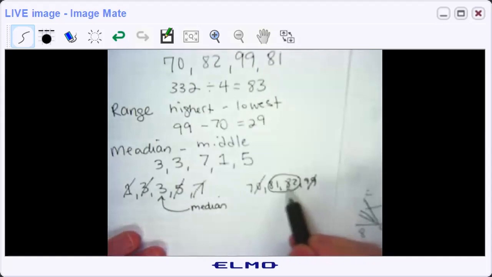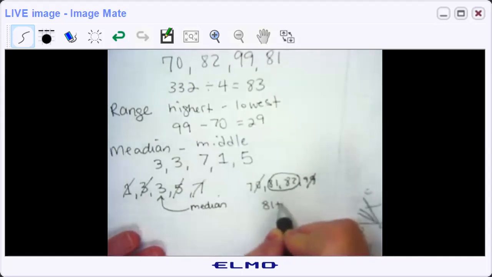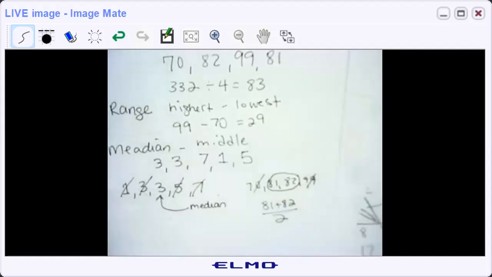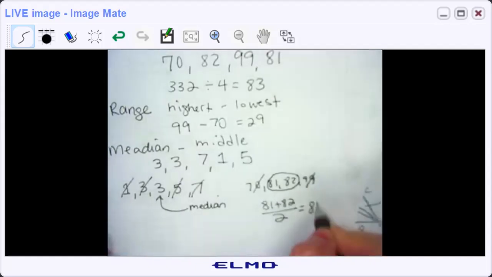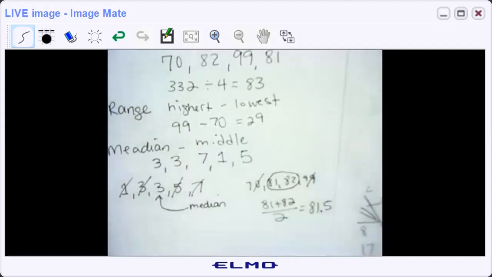So it's pretty evident here that it's 81.5, but it might be some numbers that you just don't see that right away. So what you can do is just take the average of those 2 numbers. And that's going to give you 81 plus 82 is 163. Divide by 2 is what we already knew for this one, because it's such an easy set of numbers.